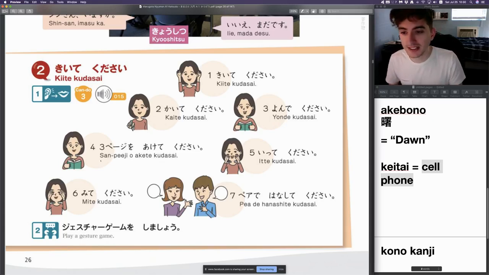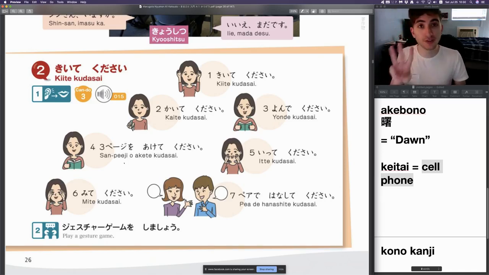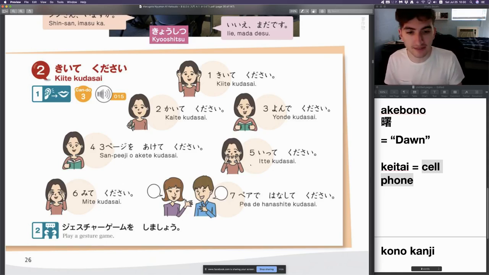And 3 means 3. ページ means page, right? From the English, page. So 3ページを開けてください means open to page 3. Number 5, 言ってください.